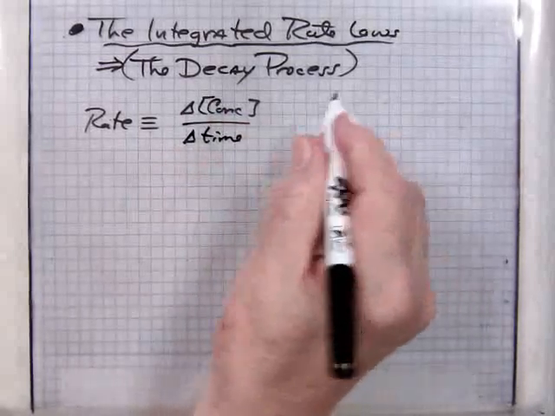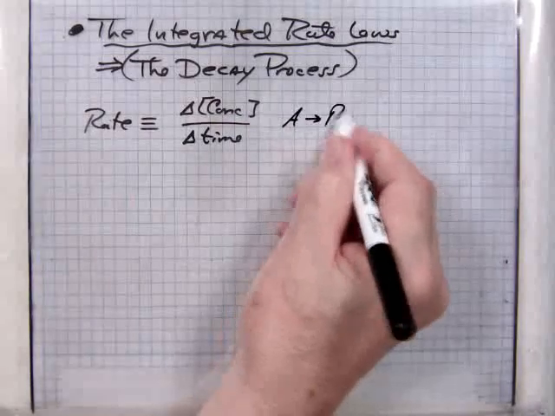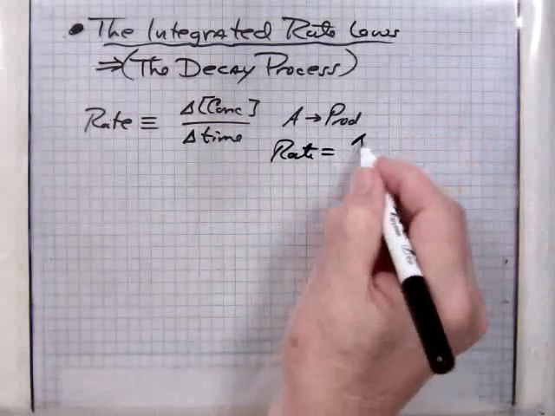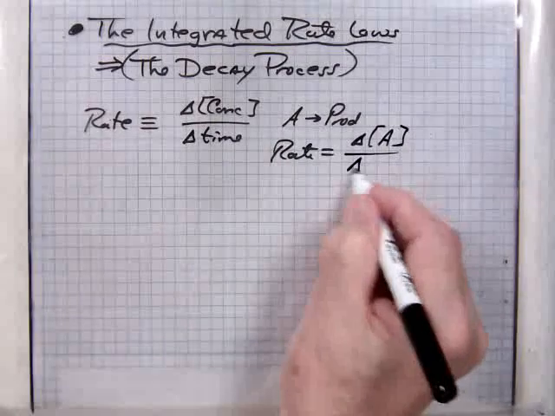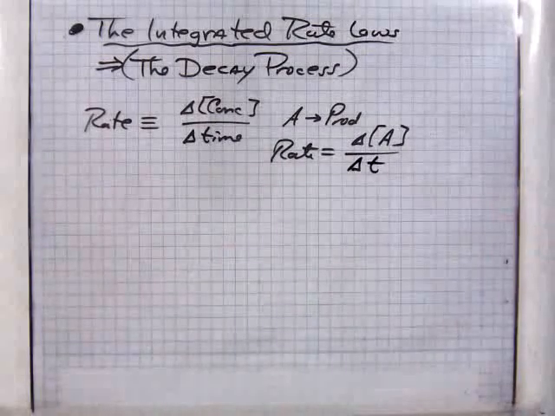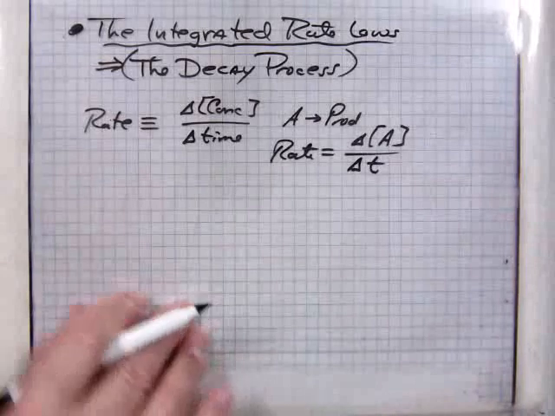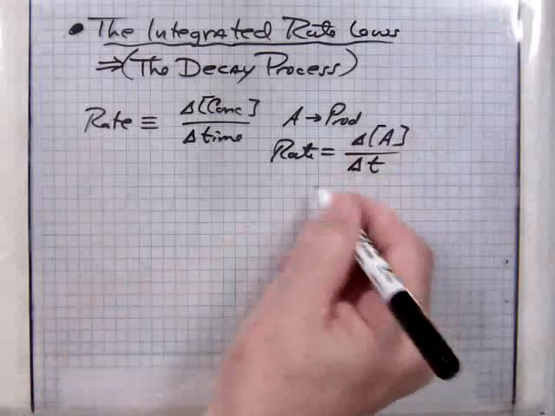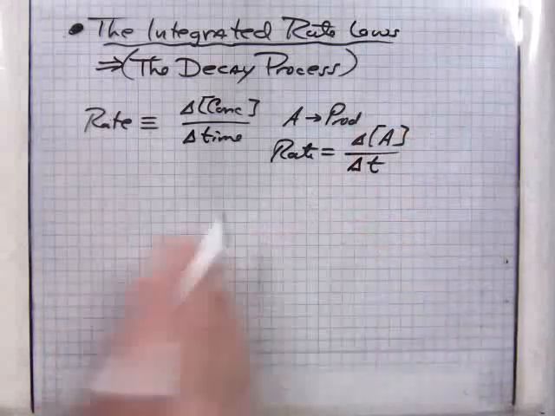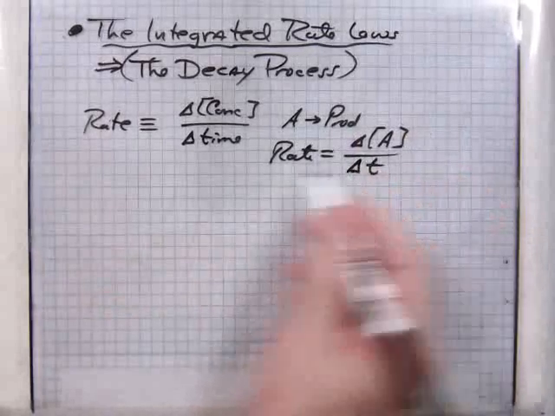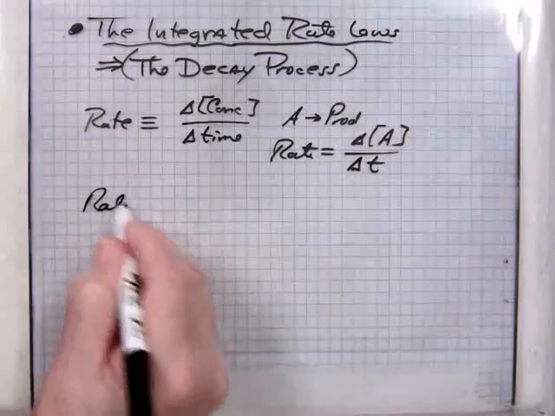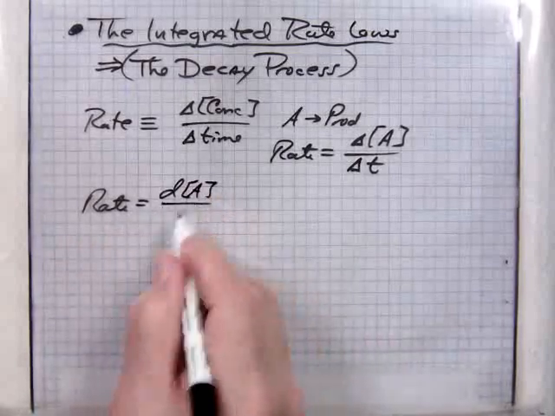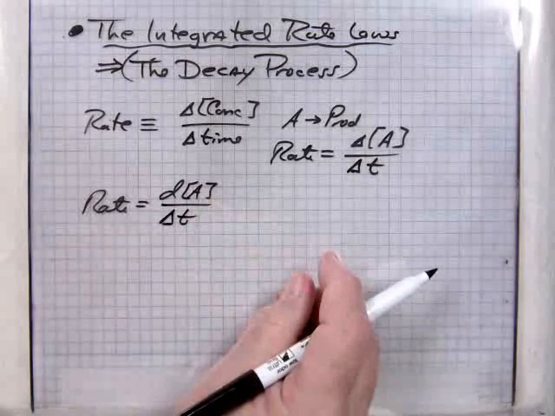For a reaction A goes to products, rate is equal to change in A over change in time, which is by definition. When we talk about these, what we want to do is integrate the rate expression, and this represents a differential in that rate is equal to a derivative of A over change in time.